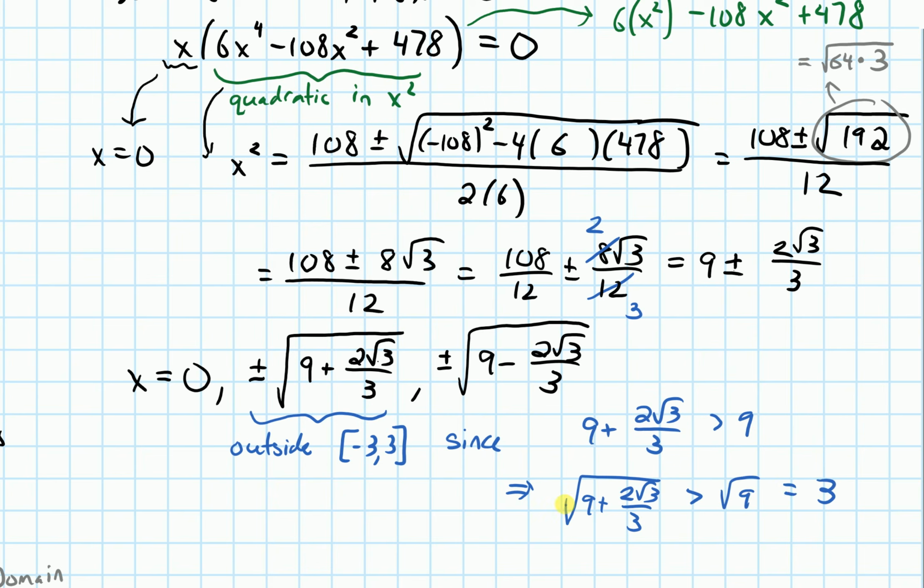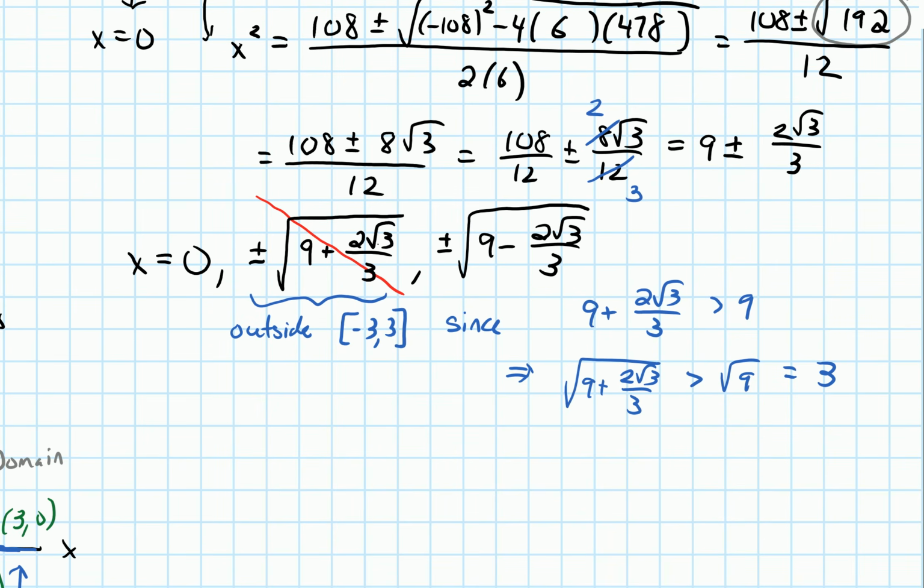So the positive and the negative version of that are definitely going to be outside of -3 to 3. As a result, we get to ignore this value.